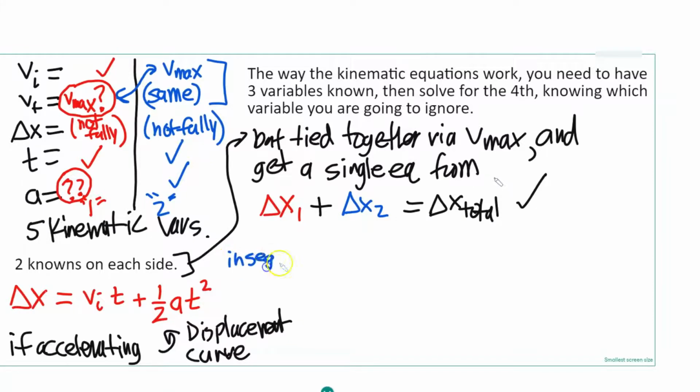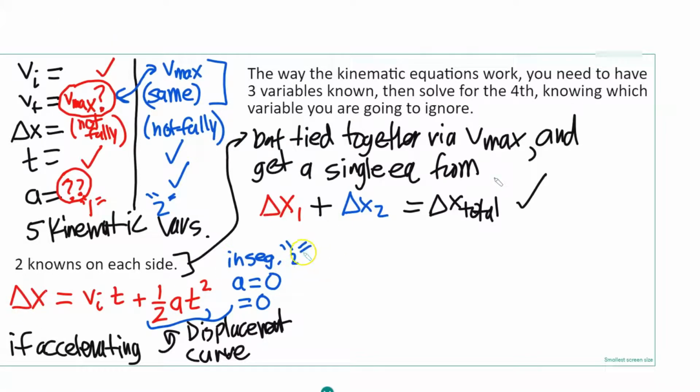In segment 2, the acceleration is what number? We already said it right there. It's 0. Right. So the thing is, in segment 2, this last term is just equal to 0. Okay. So here's what I'm saying. Let's just write down delta x1 and delta x2.